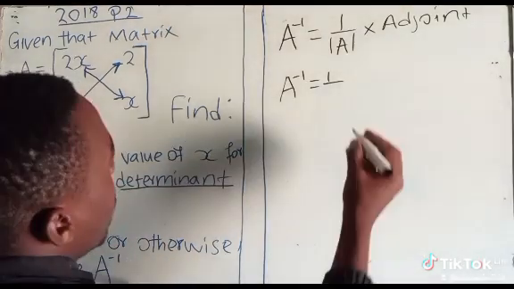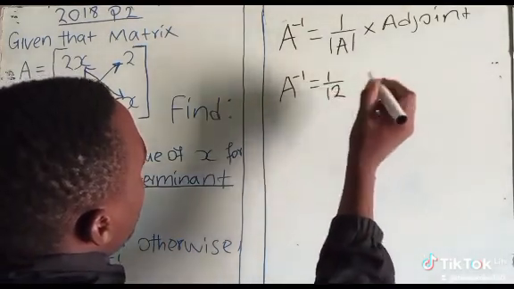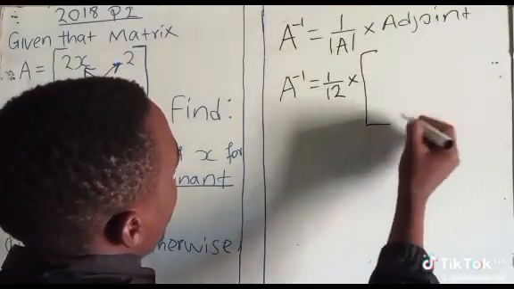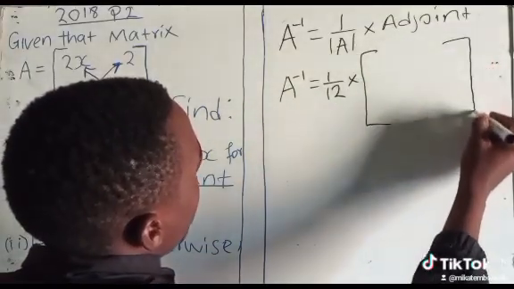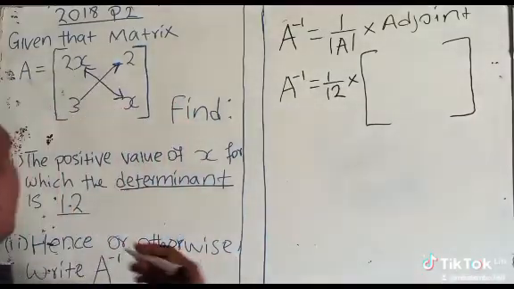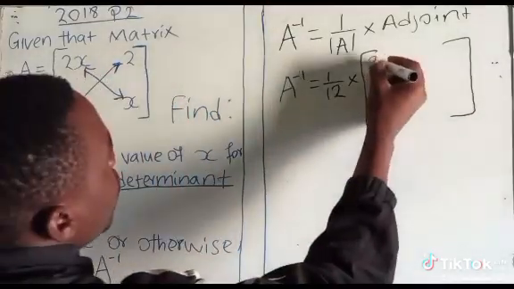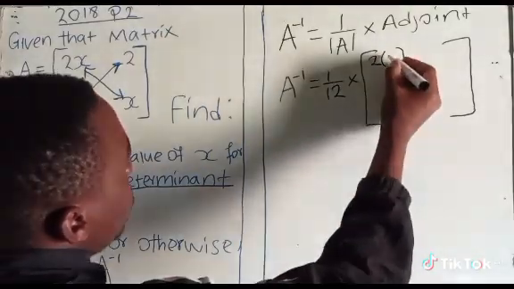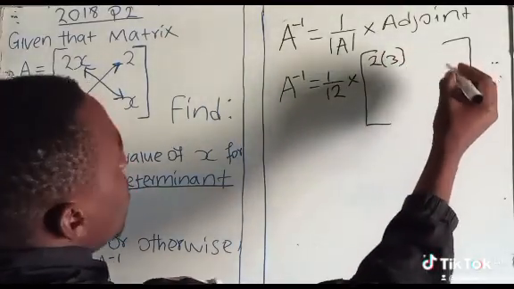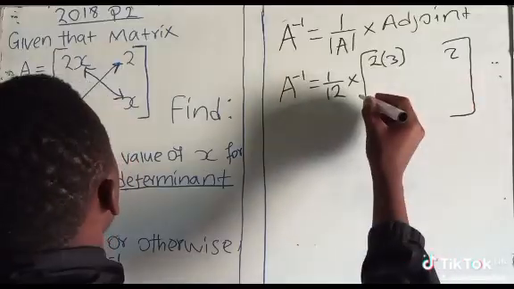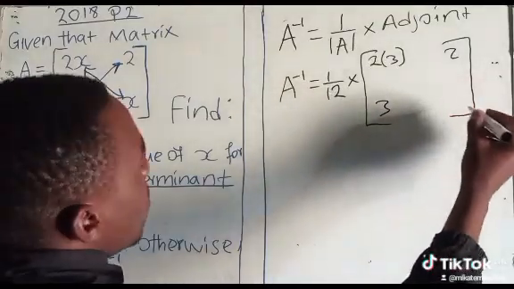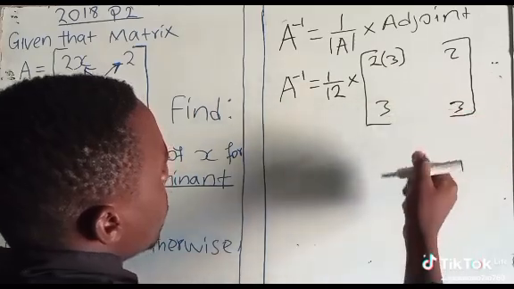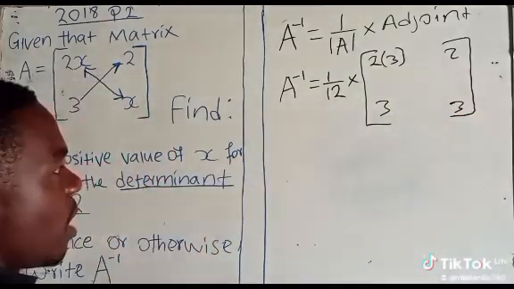So in our case we have a 12 multiplied by the adjoint of our matrix that we have been given. So we are going to have a 2. We'll find the value of x to be 3. Then here we have a 2. Then here we have a 3. And here we have 3, because it is the value of x.